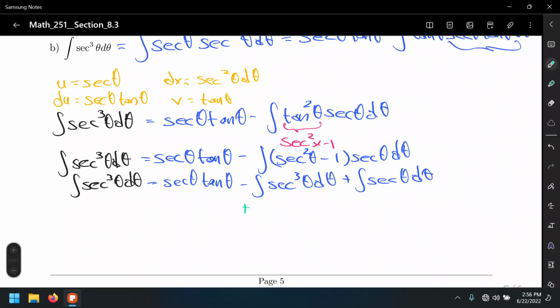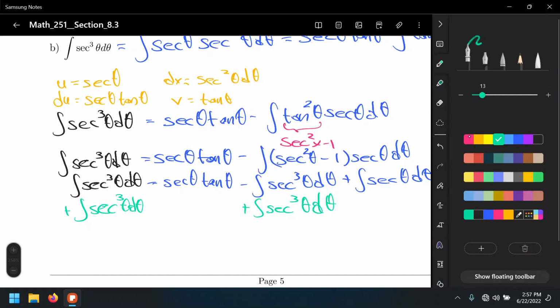So add the integral of secant cubed, and on the one hand, cancel these two.